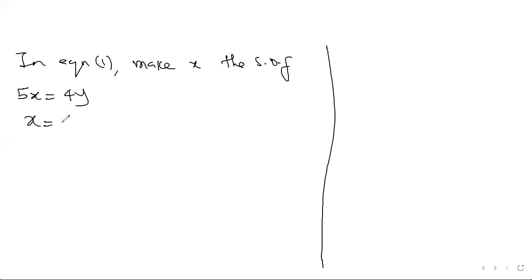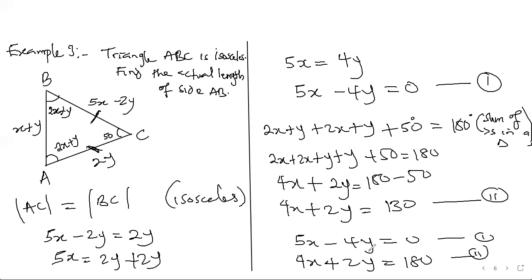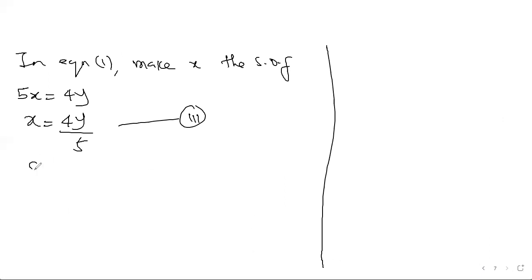Then x will be 4y over 5. Okay, keep that as equation 3. Then substitute that into equation 2, 4x plus 2y equals 130.